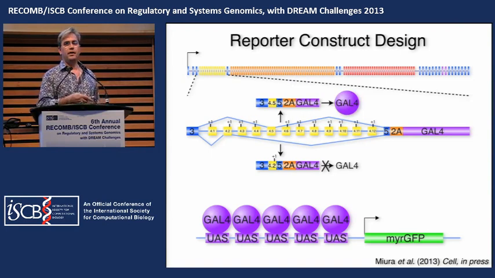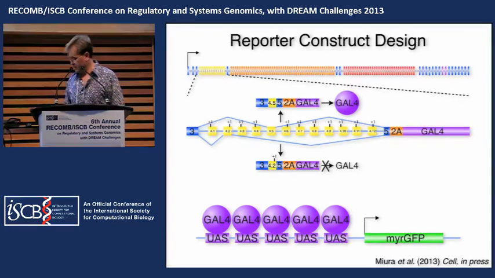One, we could amplify the signal from expressing this, and then we could hook up with all the powerful Gal4 tools that exist in the fly. So for instance, we can put this reporter into a fly that has UAS sites driving the expression of myristoylated GFP, and that would allow us to label the entire cell body of neurons expressing a particular exon.